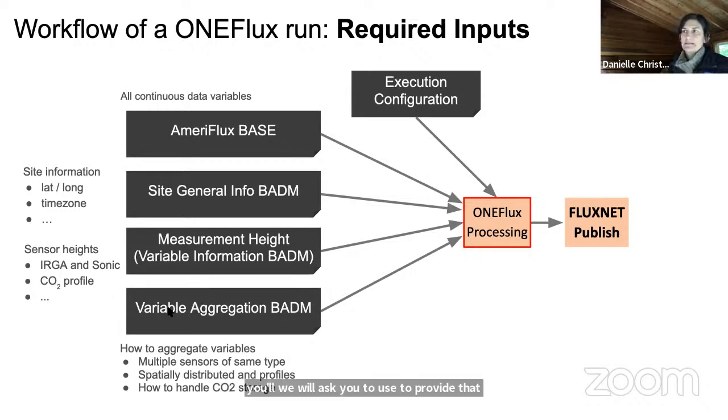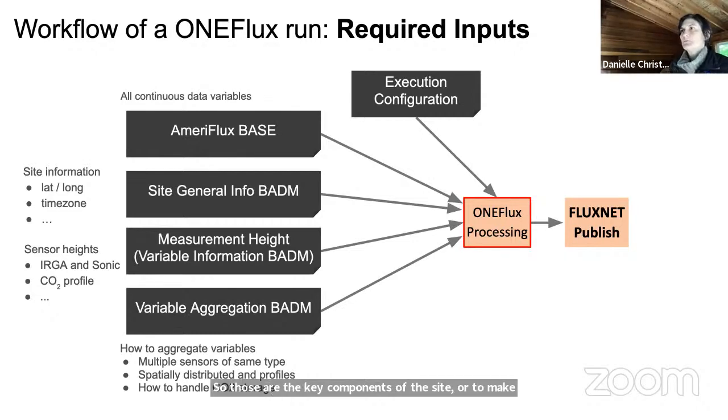And then the other piece, as Gilberto mentioned, is the variable aggregation, which tells us which data in your AmeriFlux BASE product are representative of the site, or maybe we need to do some aggregation to get the best representation of your site. And then finally, Gilberto puts together this execution configuration file before he kicks off the run. So those are the key components to make the run happen.